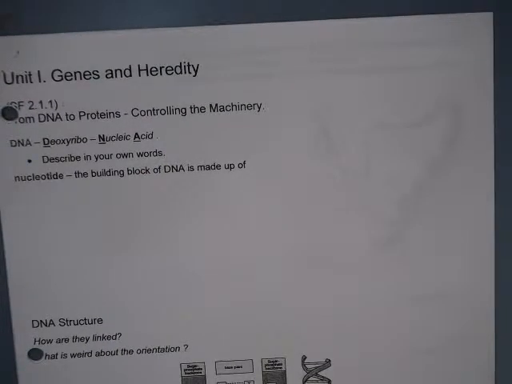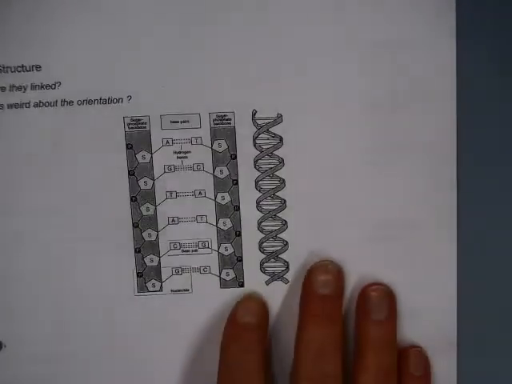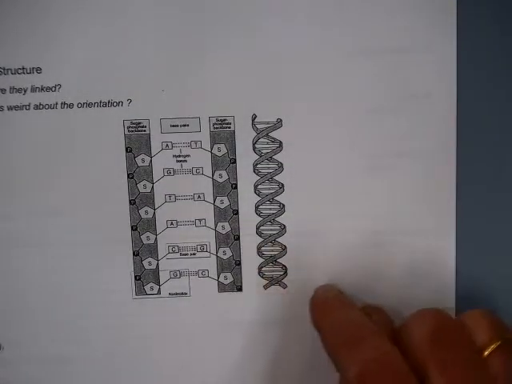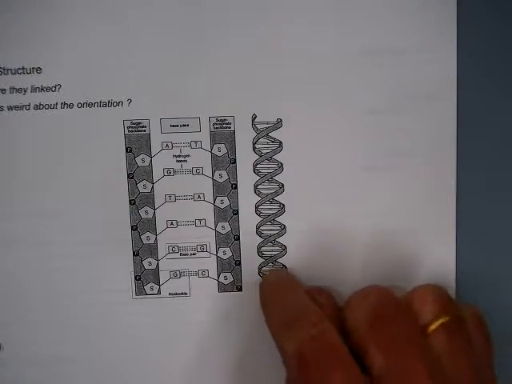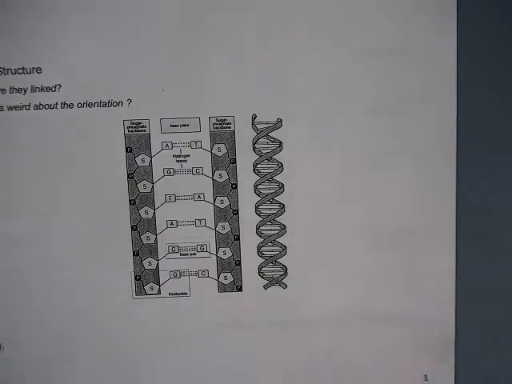So down below, let's start below and work upward on this page. Everybody is somewhat familiar with the double helix. Now it turns out that there are only three components to DNA.